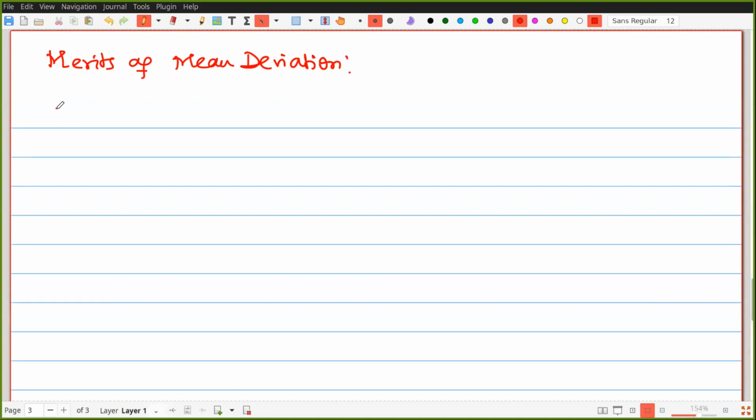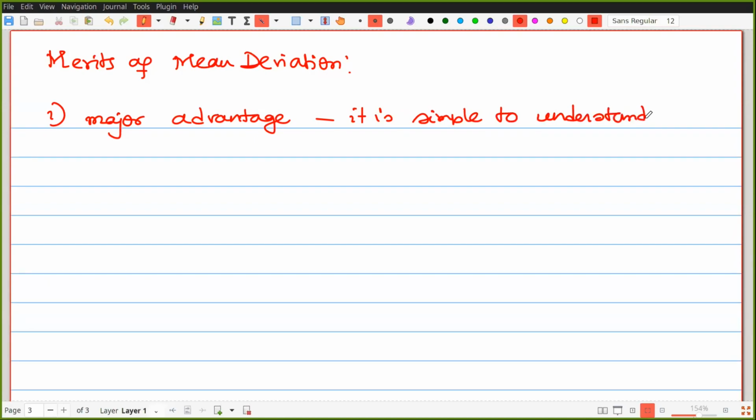The first one, the major advantage of mean deviation, is that it is very simple to understand. And the second one, it is very easy to calculate also. There would be no problem.